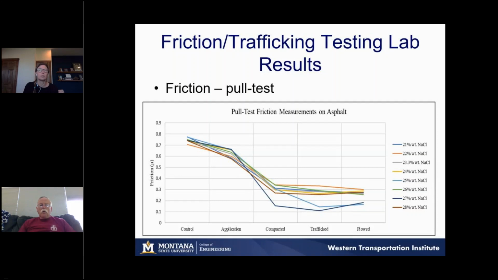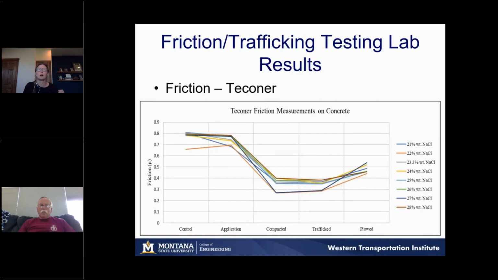But simultaneously, we were also able to measure friction using a Tradex non-invasive friction device. That was mounted on the trafficking machine and collecting data simultaneously. What we saw from it, for example with the concrete, is that you start with very high, good friction on just the bare pavement. Again, fairly high friction once that salt brine is applied.